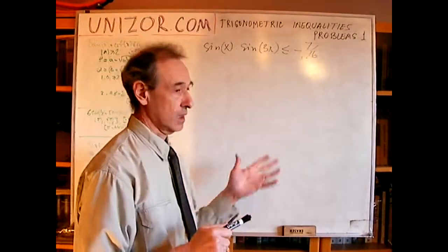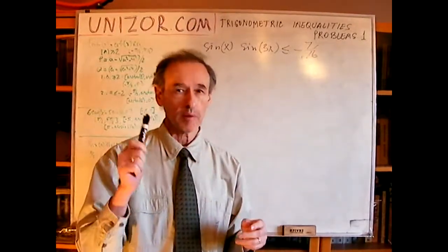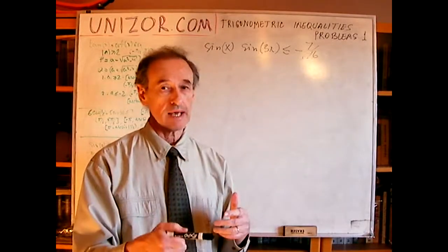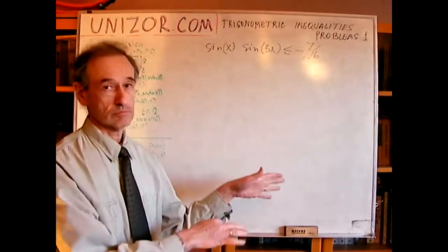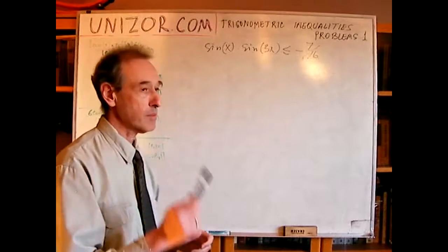Now, as usual, I don't remember the formula for sine of 3x, but I do remember it's something like some number multiplied by sine x and some number multiplied by sine cubed x. So I'm going to obtain this formula right now. But why am I talking about this?